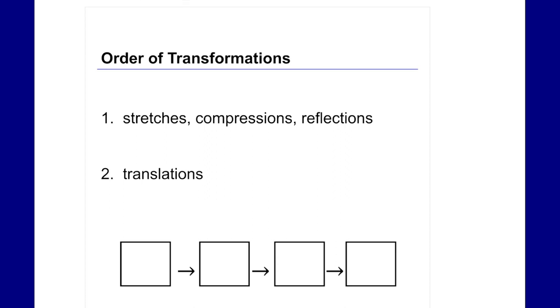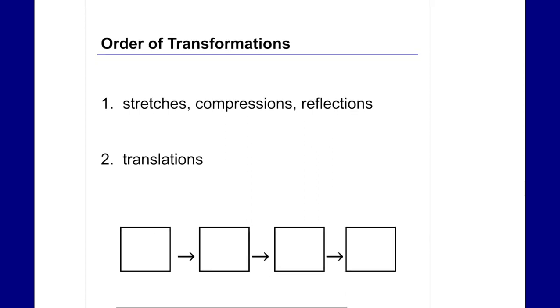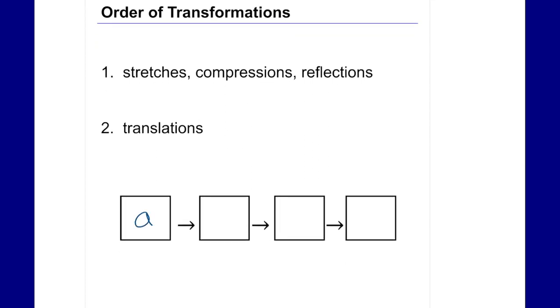A helpful pathway to follow: we start with our a value, if we have an a value that's changing. Then we move on to our k, then our d, and then our c. Those are the process that we look through when we're doing our transformations, or the order that we want to do them in.